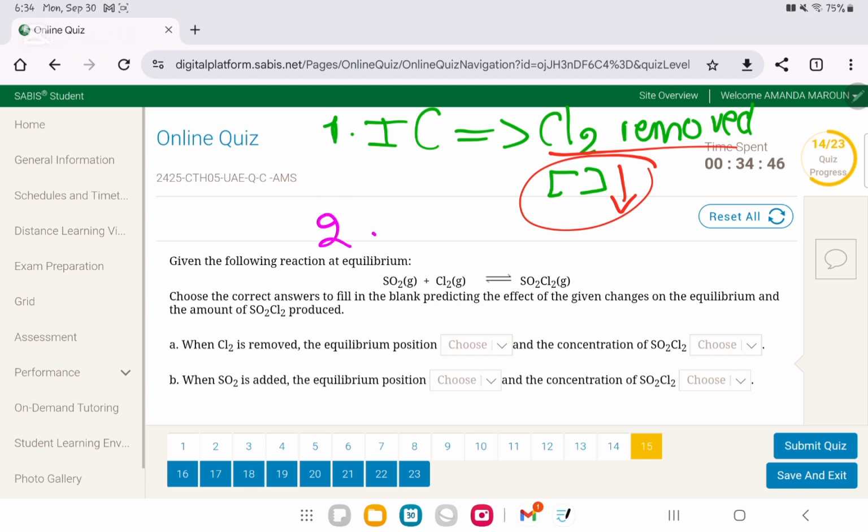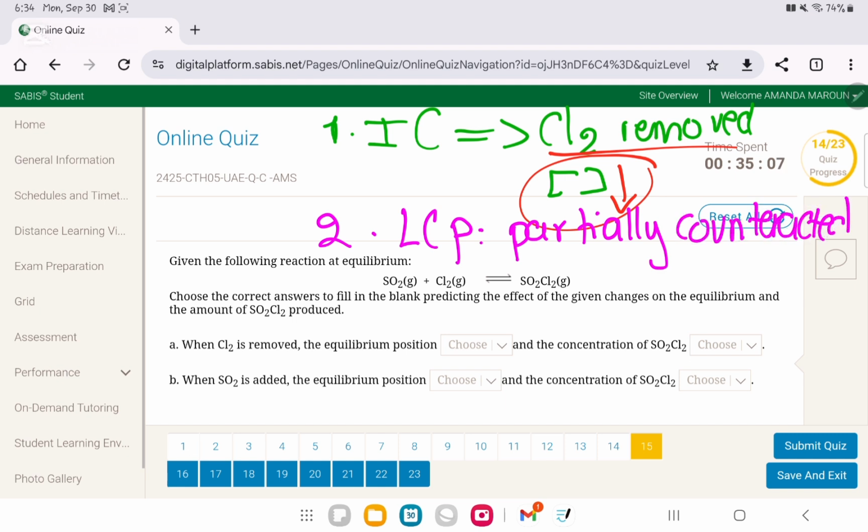Second step, we have Le Chatelier's principle. What does this principle state? It states that a change that happens to a system at equilibrium will be partially counteracted. So how do we partially counteract in this case?